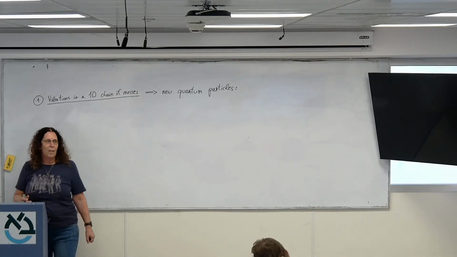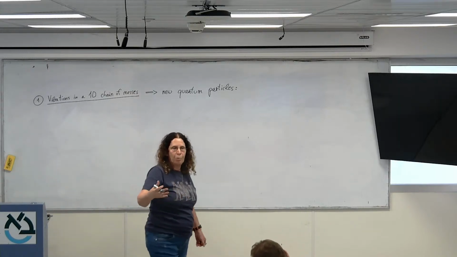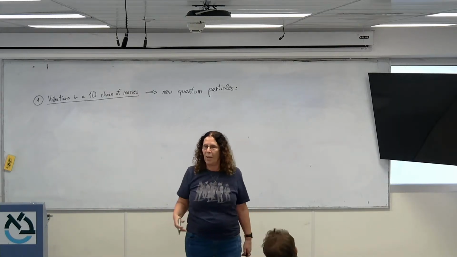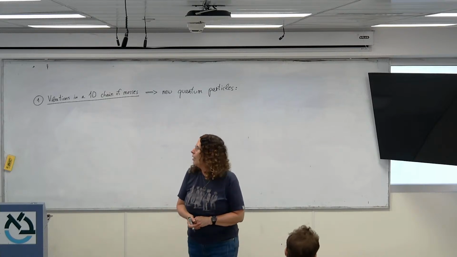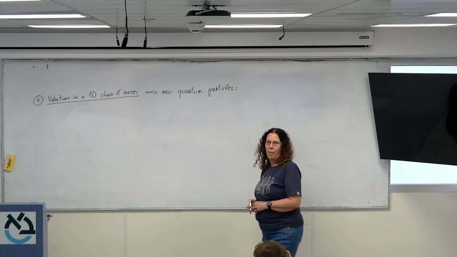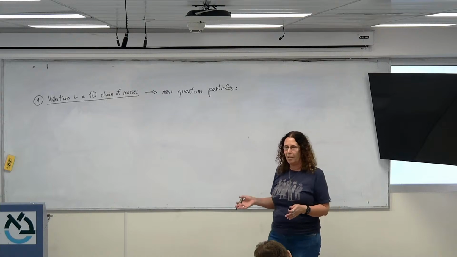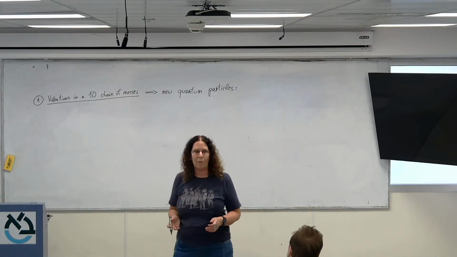And these particles, we call them phonons, because we started from a physics problem of elastic vibrations in a string. But what really it is, it's a set of independent harmonic oscillators, right?